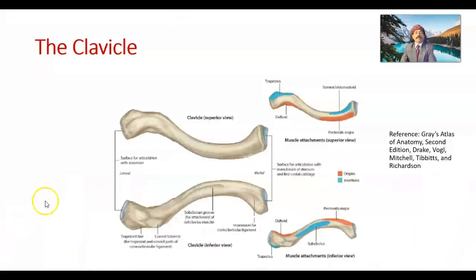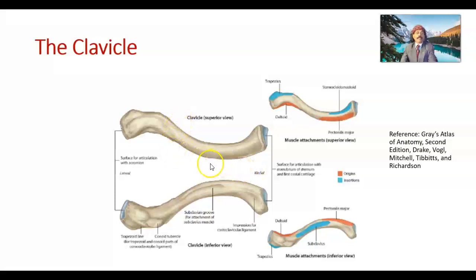If you look at the anatomy of the clavicle, or collarbone, or the beauty bone, this is the clavicle. It has curvature: lateral 2/5, medial 3/5. This is the joining of the two curvatures, and this is the site of fracture.